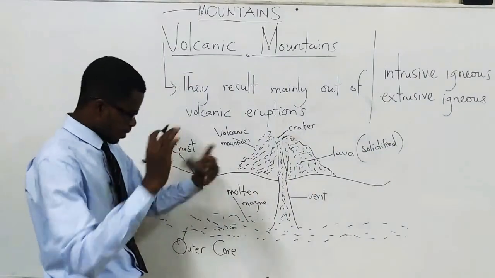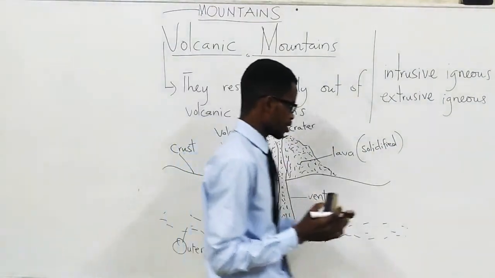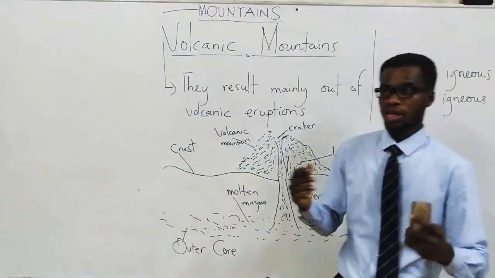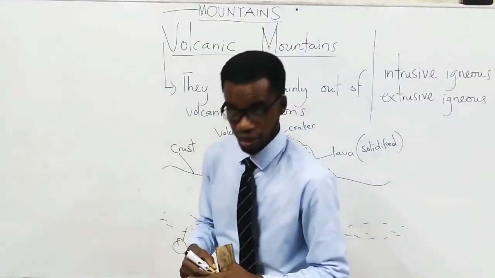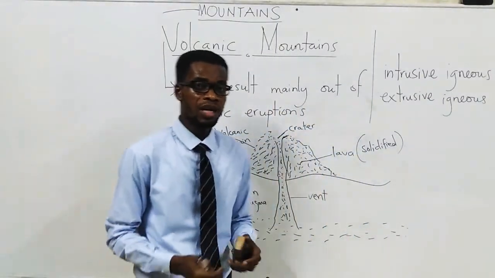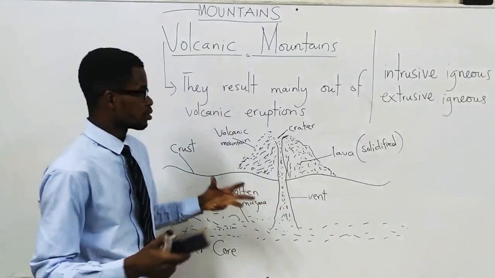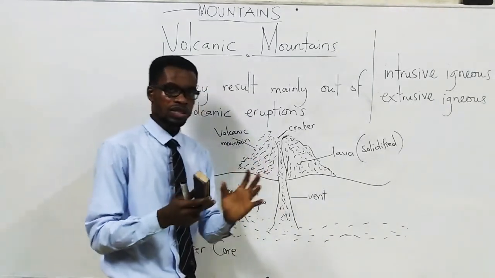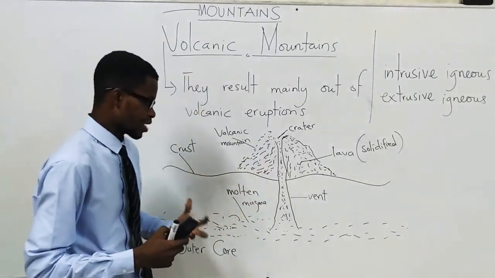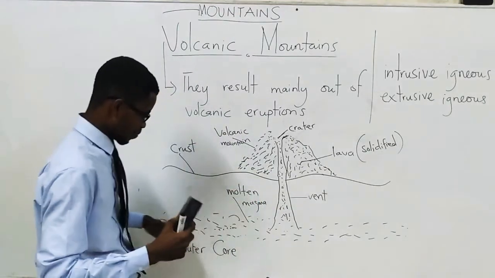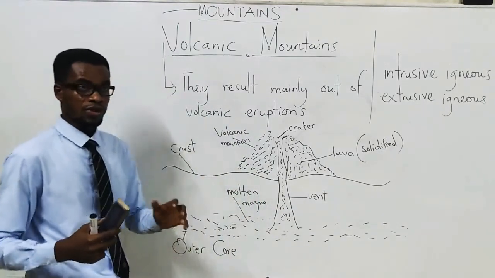So this is a brief description that you can have on volcanic mountains. I believe this has been helpful and you can make a very good description out of this and a good sketch as well. That is one of the qualities of a good social studies student.